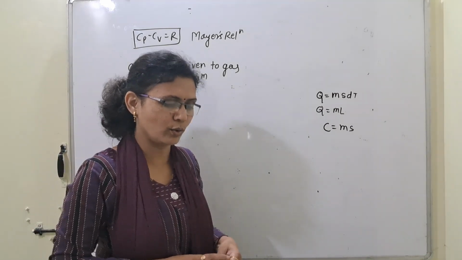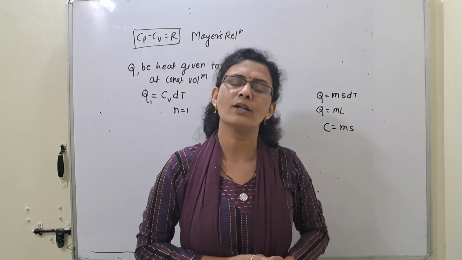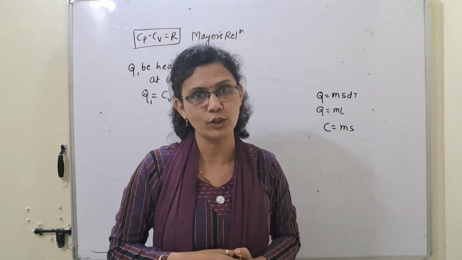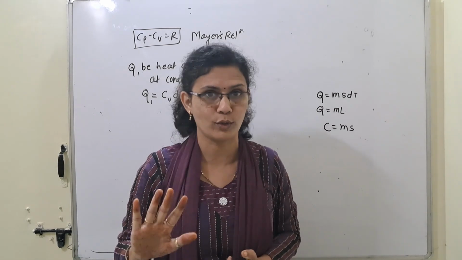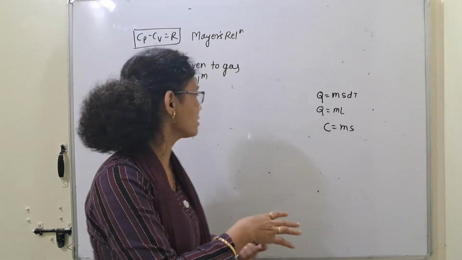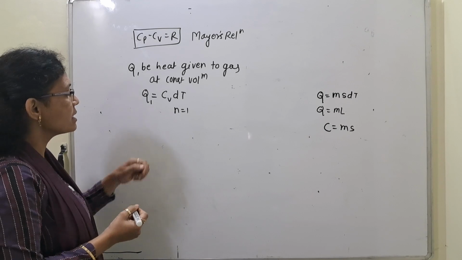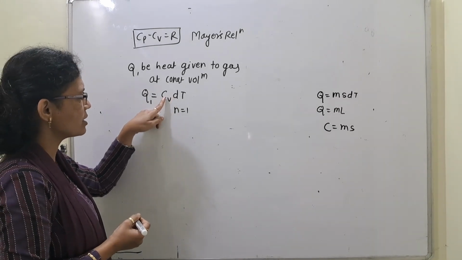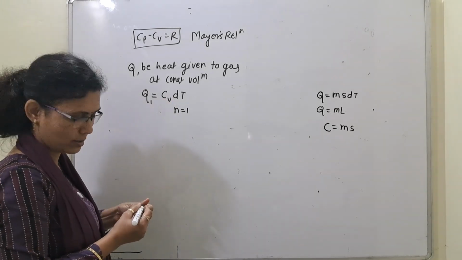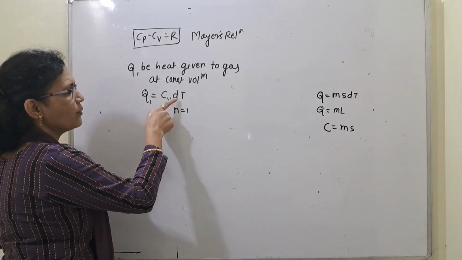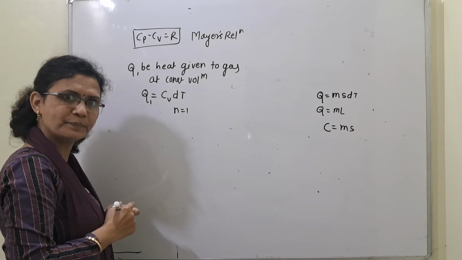Initially you are going to write like this: let us consider 1 mole of gas heated by supplying the heat Q1 at constant volume. So we can write Q1 is equal to Cv into delta T. This is the change in temperature, and this is the molar specific heat at constant volume. This Q1 is nothing but Cv into delta T.